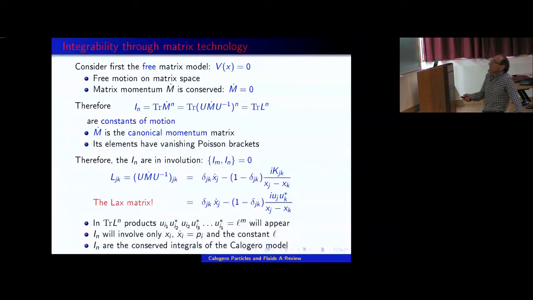You see, Ui star should be 1, but Ui could be a phase. You can eliminate these phases. So all these U's here would become constant and equal to 1. So this Lax matrix becomes identical to the Lax matrix that I showed before, which motivates why I wrote that form. Yes?